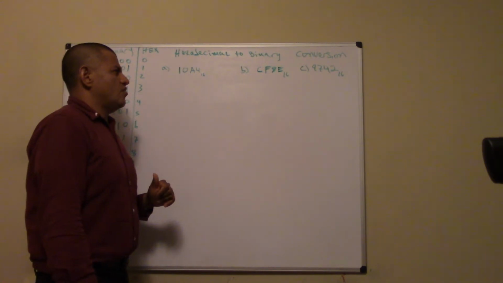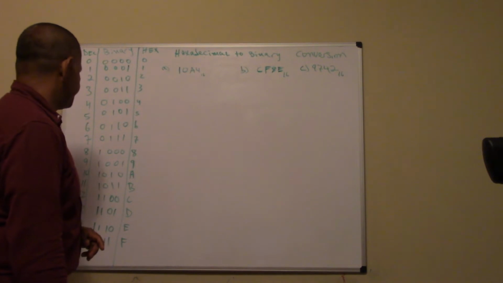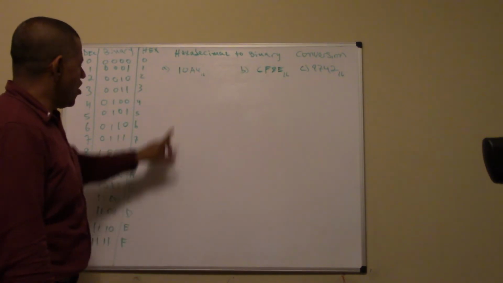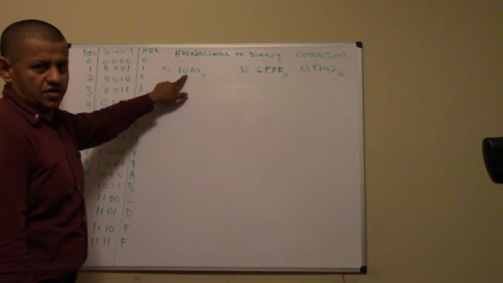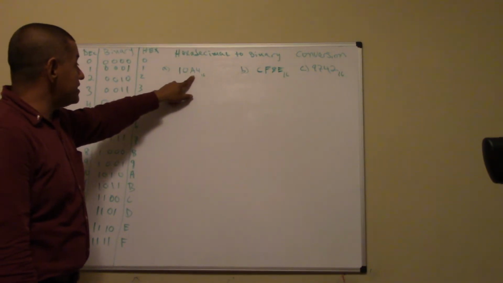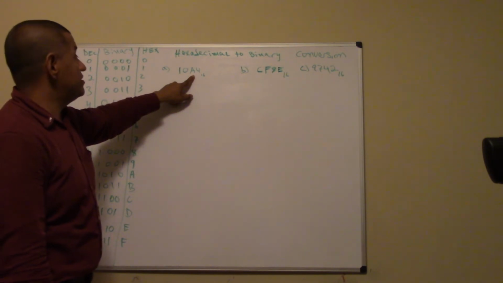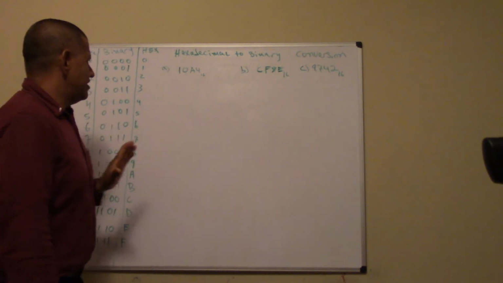That's why when I look at these problems, for example part A, I'm not gonna say that this is 10. No. It is 1, 0, 8, A, letter A, 4, right?